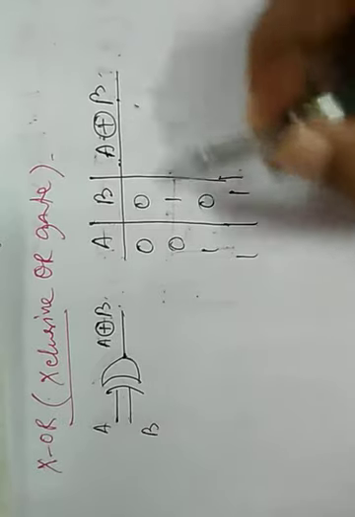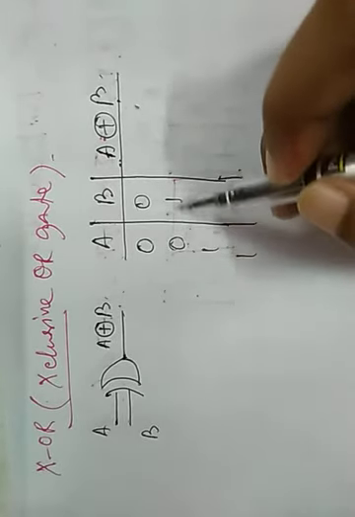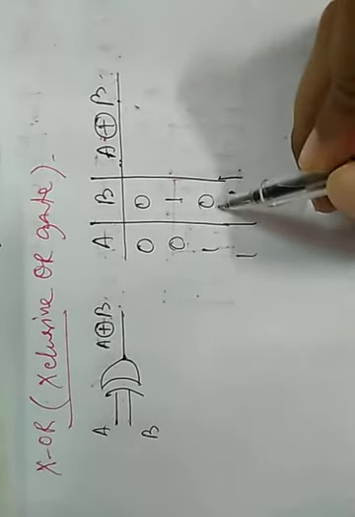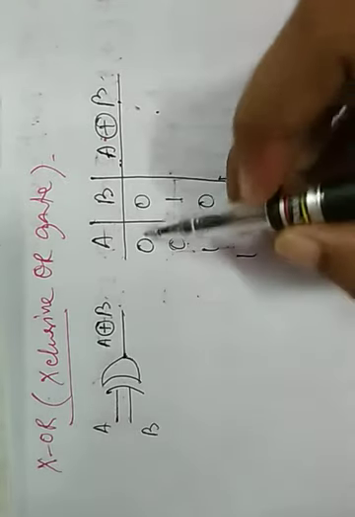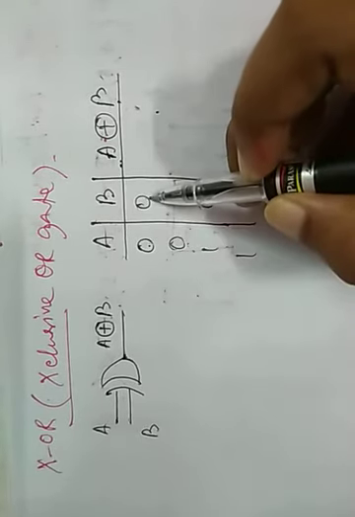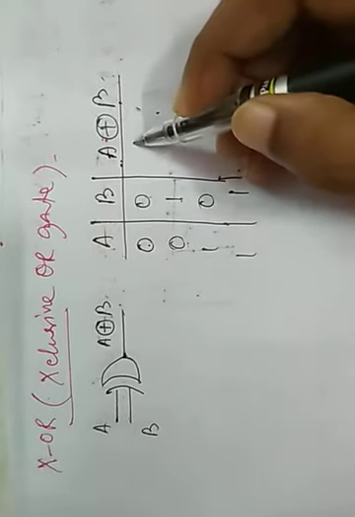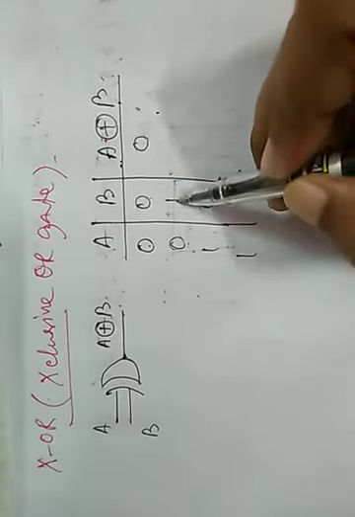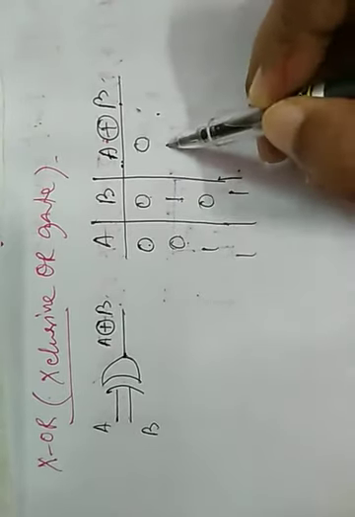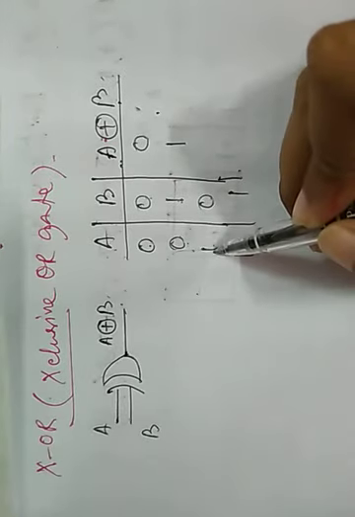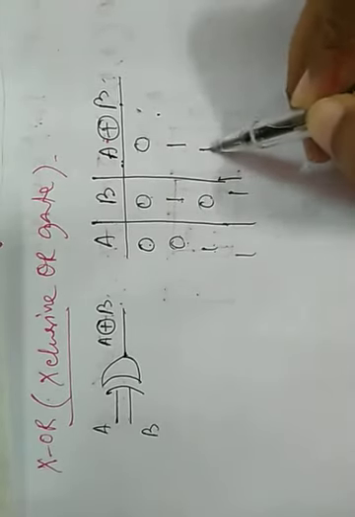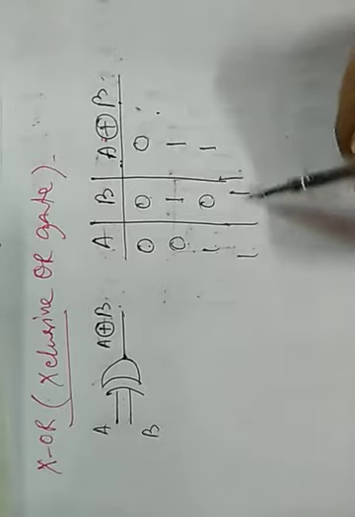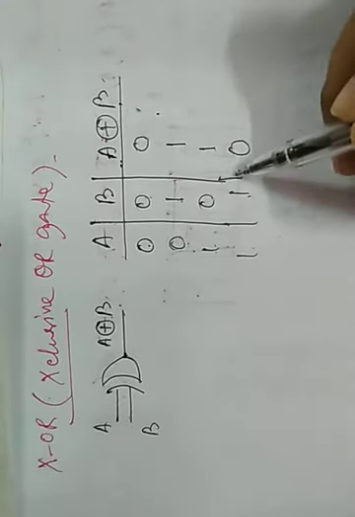For exclusive OR, if there is an odd number of 1s in the input line, then the output is 1. There is no 1, so obviously its output is 0. There is one single 1, output is 1. There is also a single 1, that means an odd number of 1s, output is 1. There are two 1s, that means an even number of 1s, output is 0.